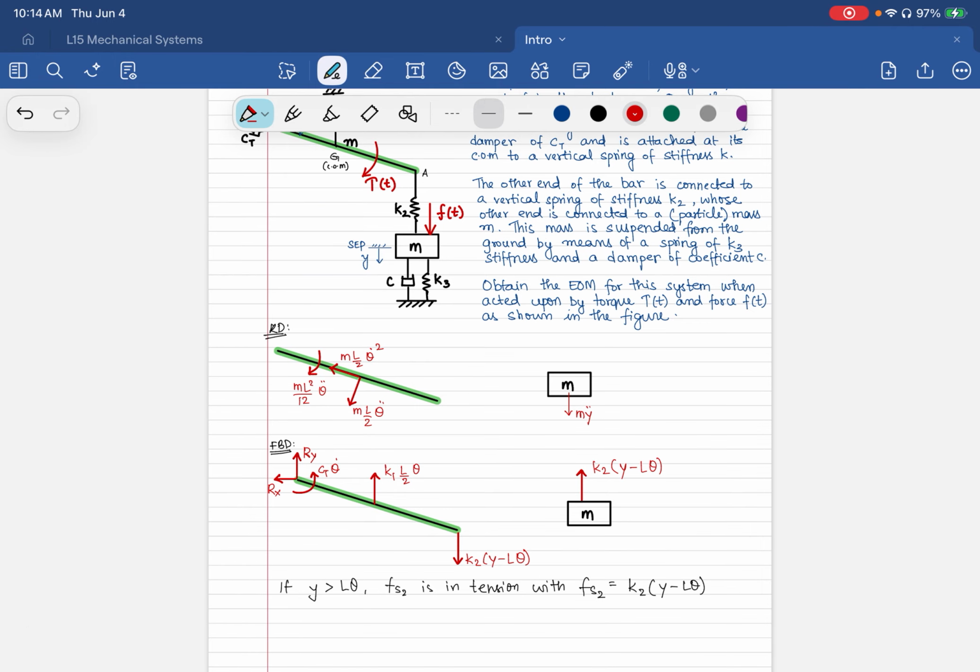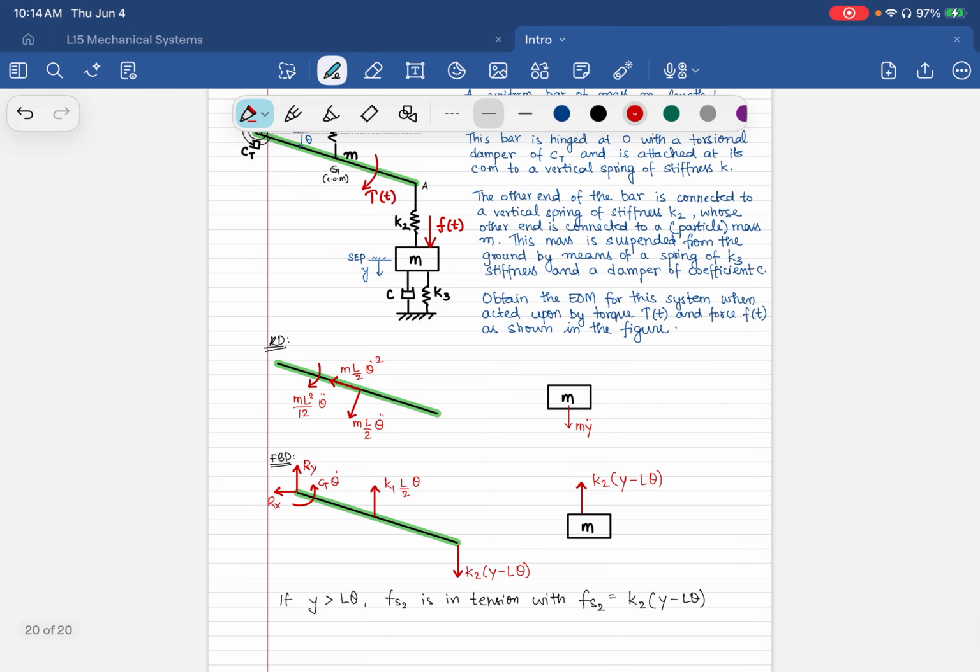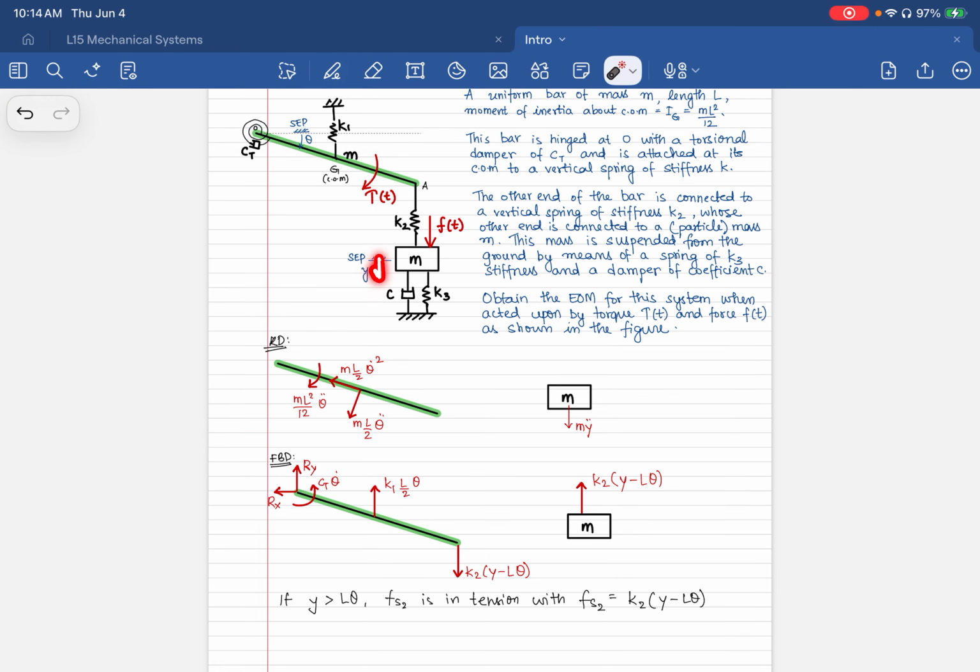Okay. Now, what about this spring? As this moves down for positive y, this spring would be in compression. So in compression, the spring is experiencing forces in this way, and the reaction on this would be upward.